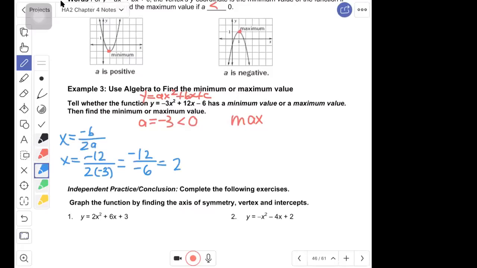You plug it in for all the x values in the original equation. Yeah, good. So we have negative 3, now we're plugging in 2's for our x's. I'll give you a few seconds to find that value.